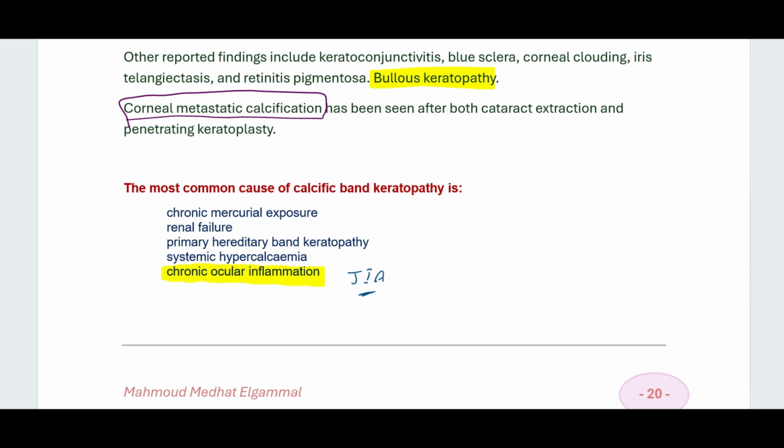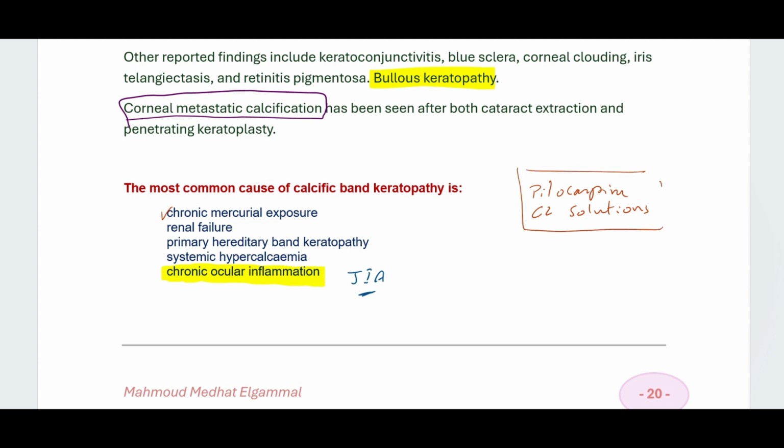Now let's study the other options. Chronic mercurial exposure. Does it cause calcific band keratopathy? Yes, it does. But it's not one of the most common causes. Why? Because mercury is used as a preservative in pilocarpine and contact lens solutions.